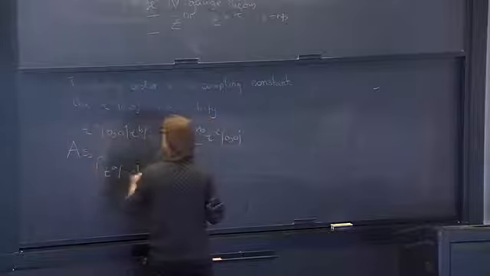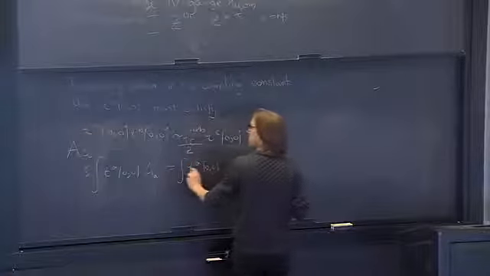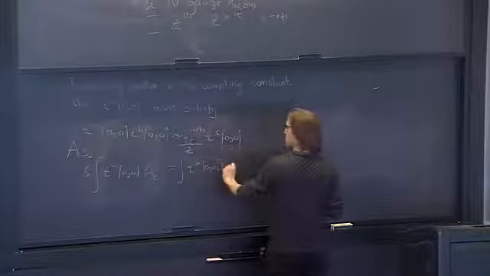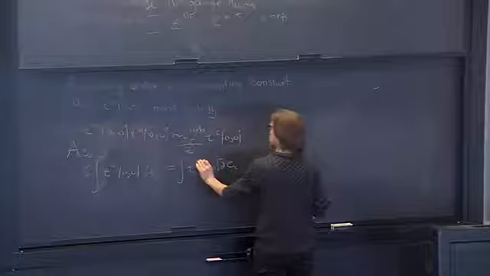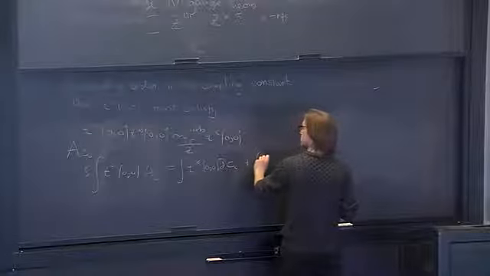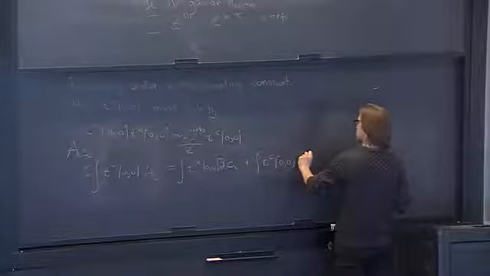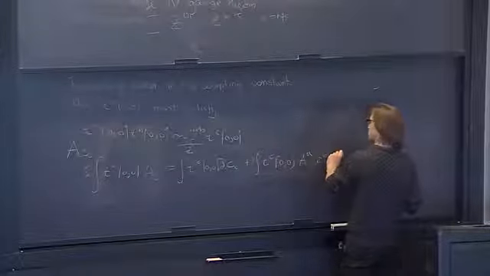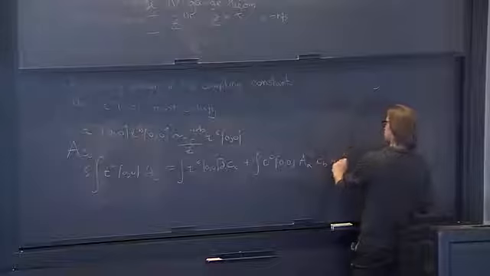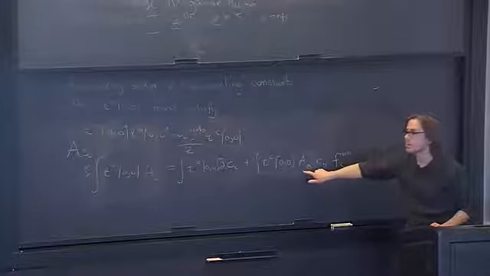The gauge variation of that is the integral of T^A_{0,0}, D-bar of the ghost field, plus a half... So this is just the usual gauge variation of this gauge field.